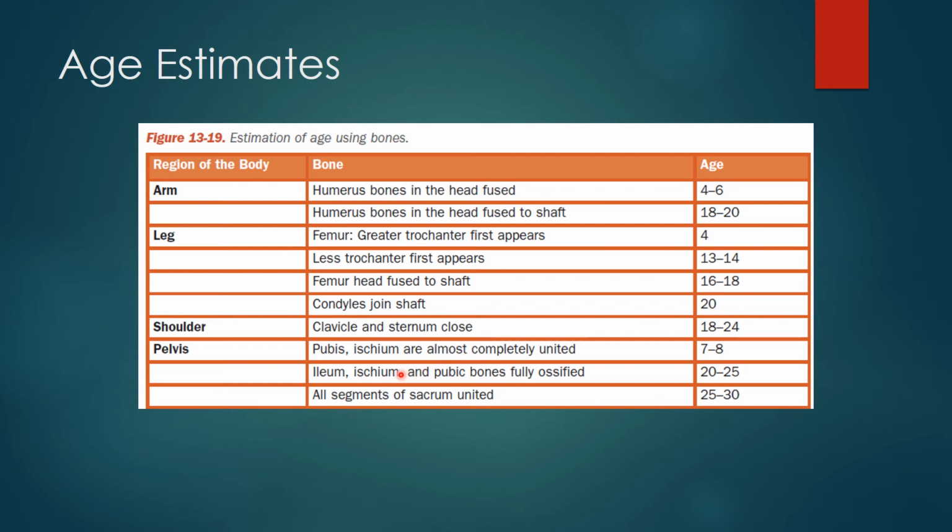And then the ilium, ischium, and pubic bones fully ossified by 20 to 25. And then all the segments of the sacrum. So the sacrum is that second to last part of your spine. Those all unite between the ages of 20 and 30.